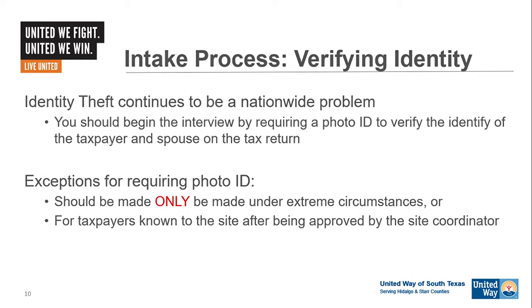You might want to see the letter and actually see the ITIN number, not just go off what they say. So just be sure to get that photo ID, and exemptions, like it says, should only be made under extreme circumstances, like if they lost their paperwork due to a hurricane or something like that.